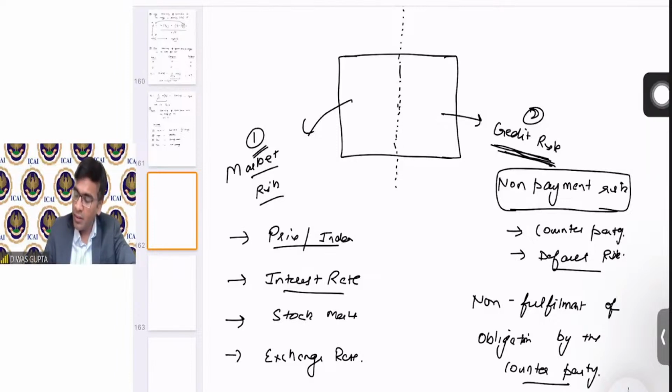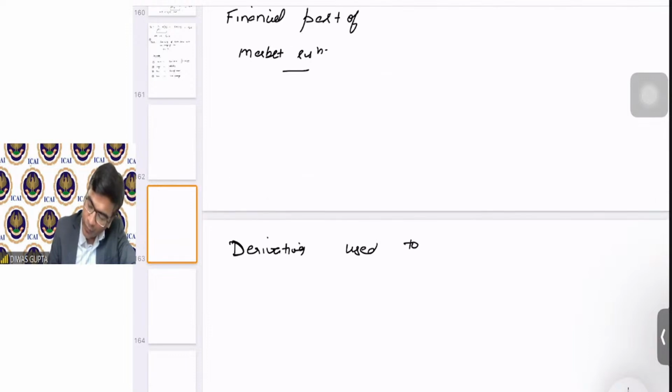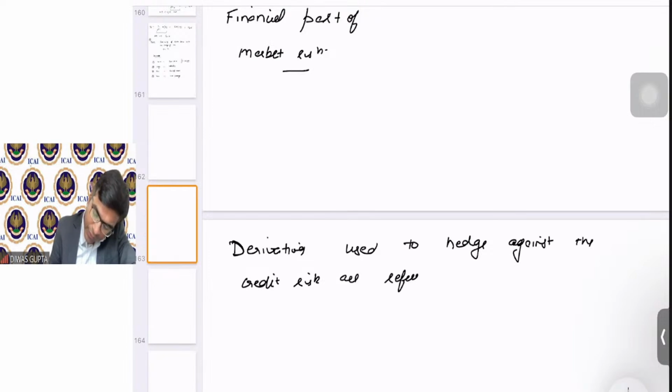The derivatives used to hedge against the credit risk are referred to as credit derivatives, students.